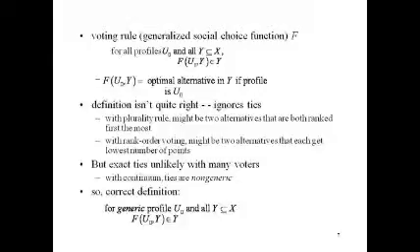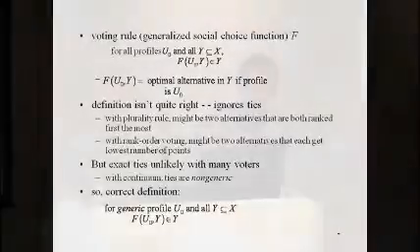So a voting rule takes these profiles and takes the set of candidates who are actually running for office, which will be a subset of all of the candidates who could run for office.